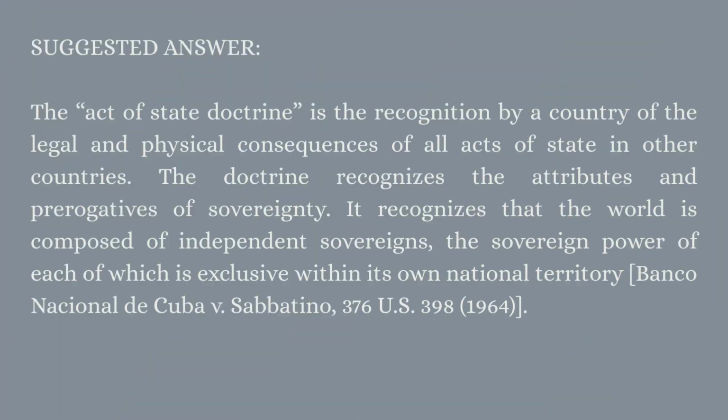The act of state doctrine is the recognition by the country of the legal and physical consequences of all acts of state in other countries. The doctrine recognizes the attributes and prerogatives of sovereignty. It recognizes that the world is composed of independent sovereigns, the sovereign power of each of which is exclusive within its own national territory.